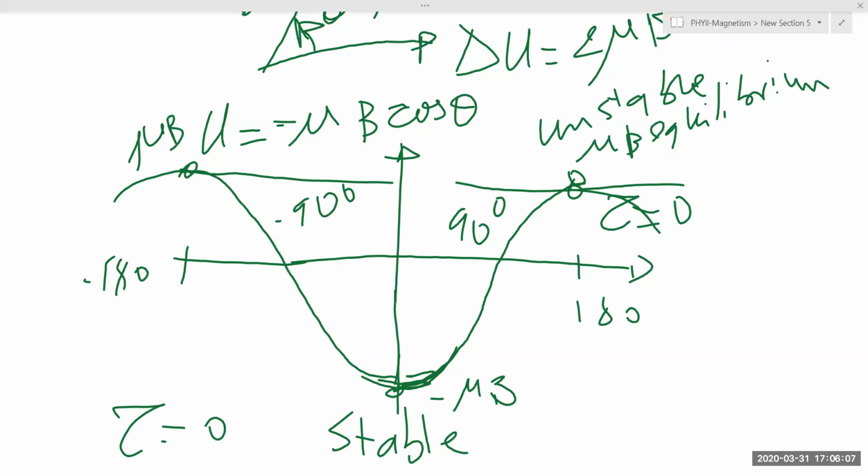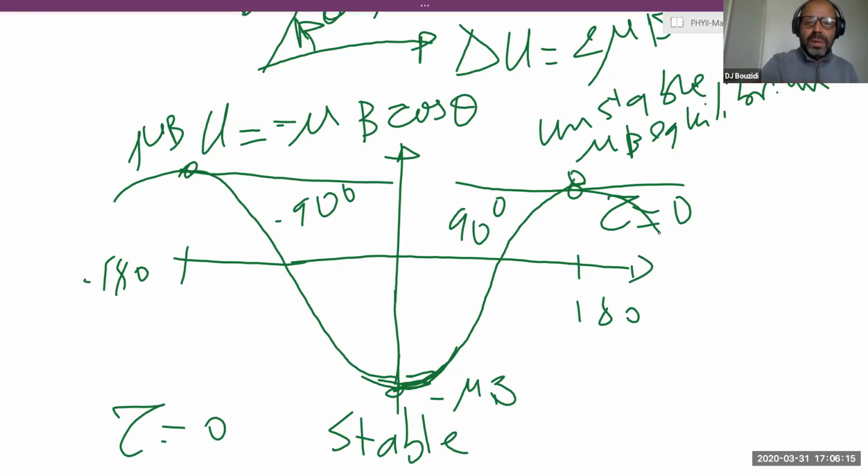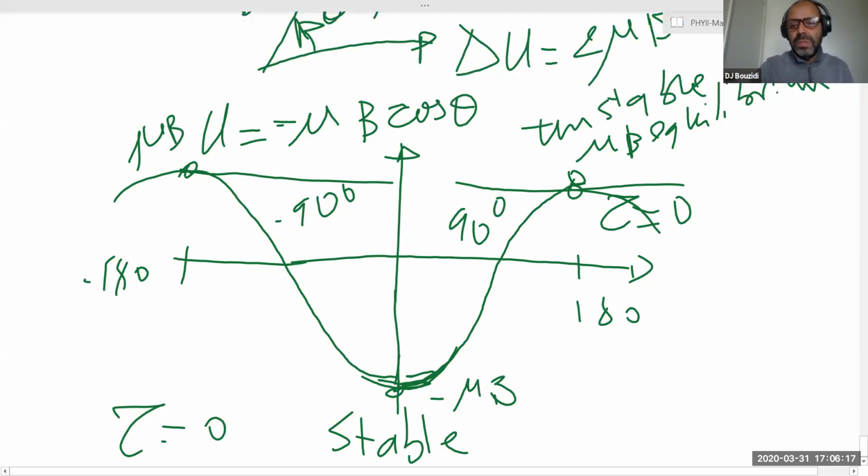Would the top point be unstable? Except the top is stable, but metastable, I should call it, not unstable. Any point in here is unstable actually. If you put the bar magnet and the dipole in such a way that there is an angle, any angle other than 0 is not a permanent stable position.